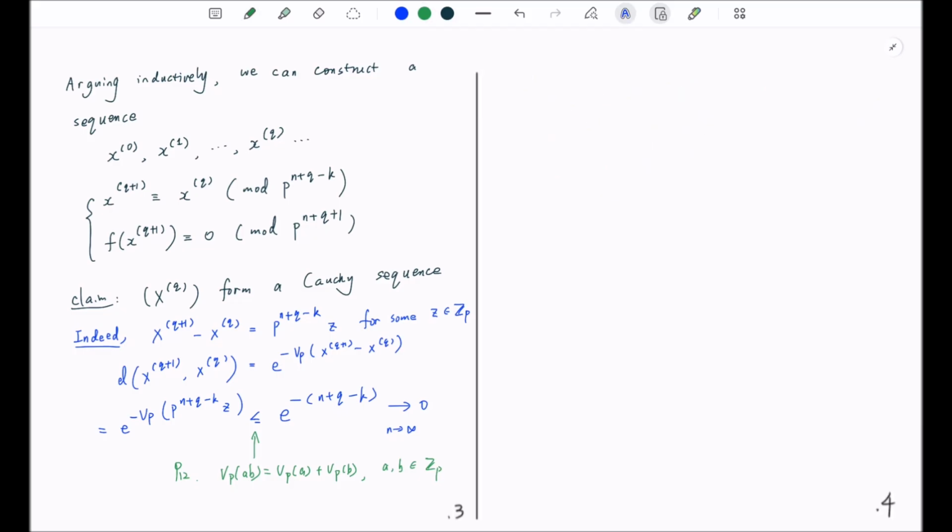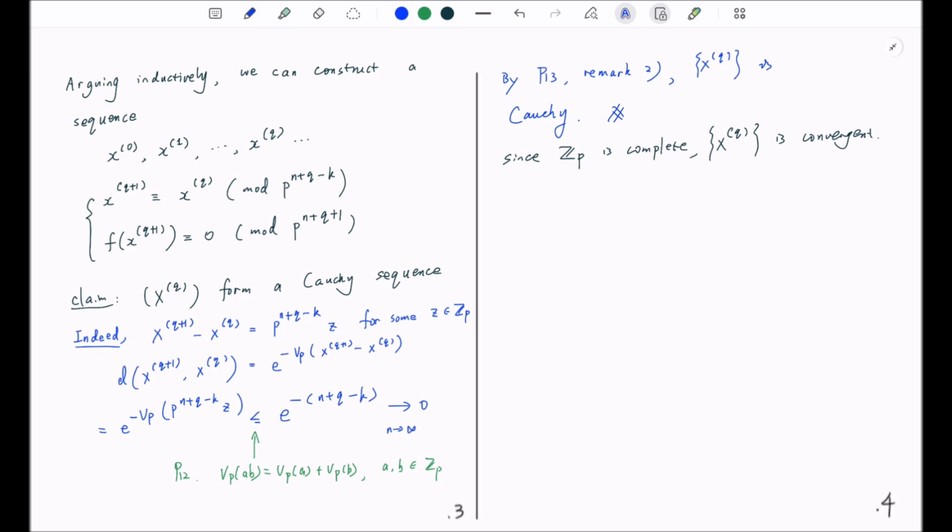Now by the remark on page 13 of Sarah's book, the sequence x^q is Cauchy. And since Zp is complete, this sequence is convergent. And now we denote by y the limit of this sequence. That is, we have two conclusions.